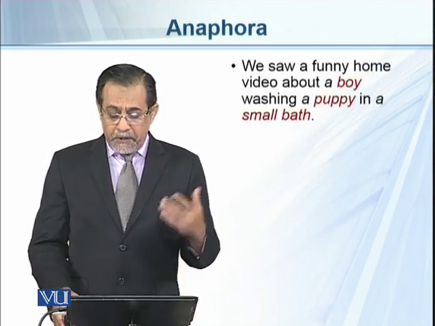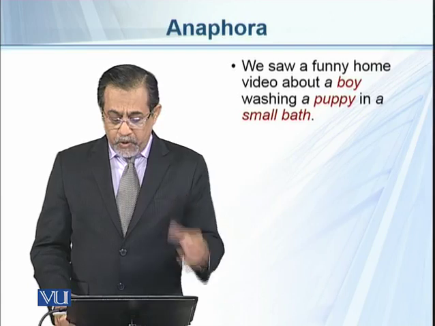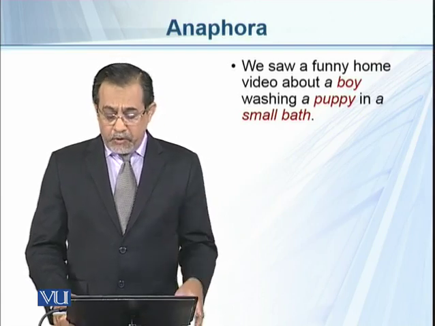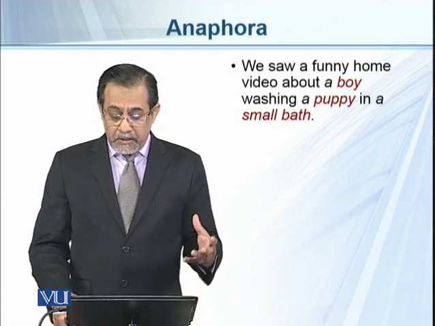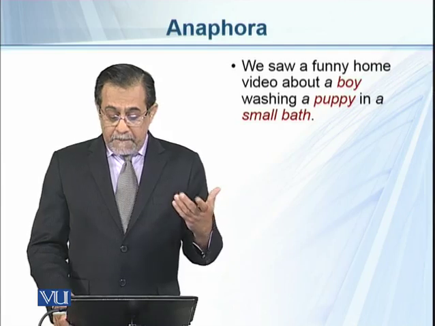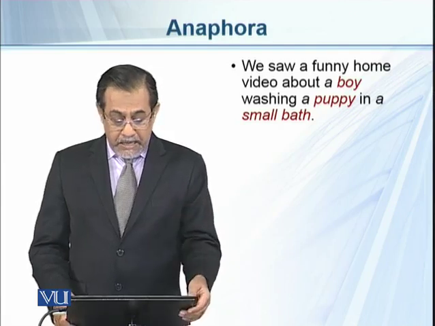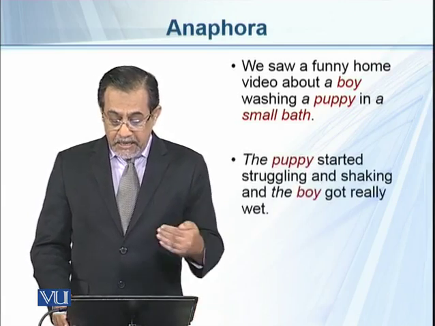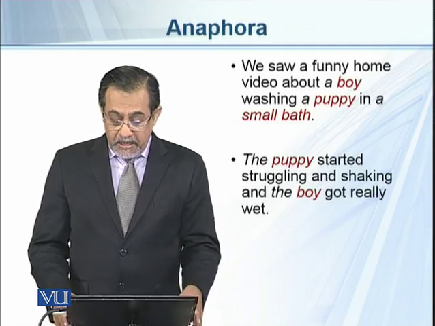We saw a funny home video about a boy washing a puppy in a small bath. So if you look at this, we have a boy, a puppy, a small bath. The puppy started struggling and shaking, and the boy got really wet.